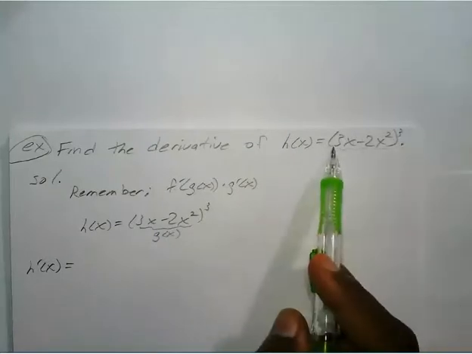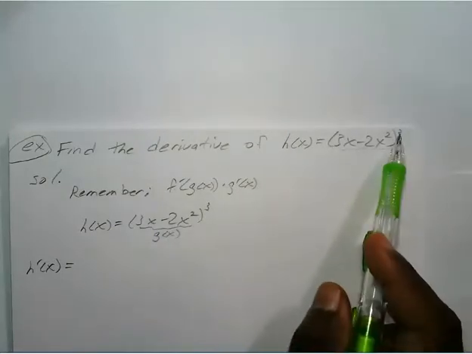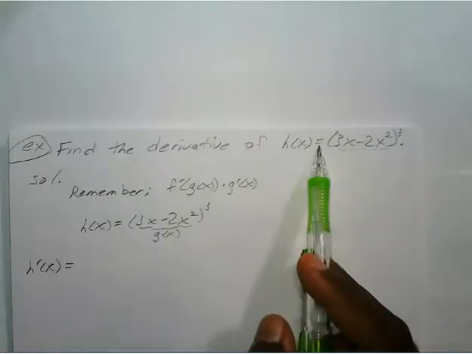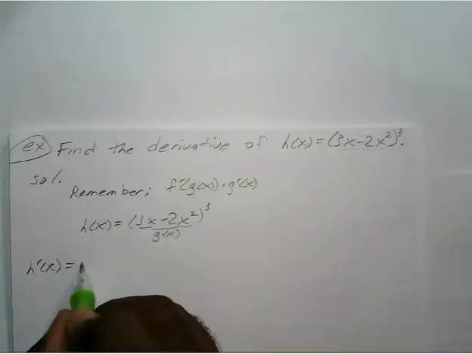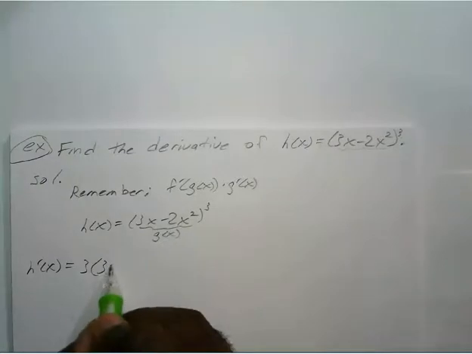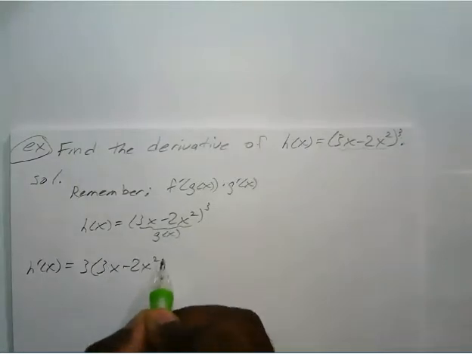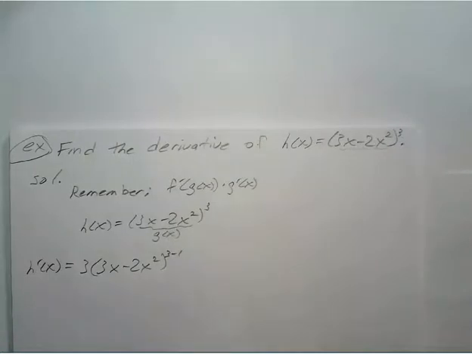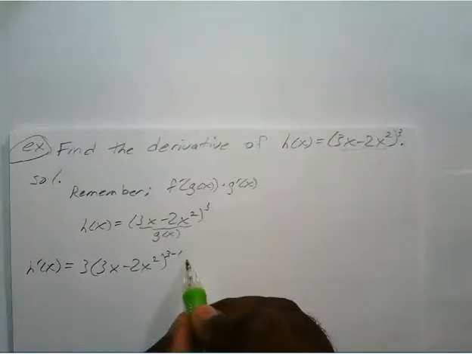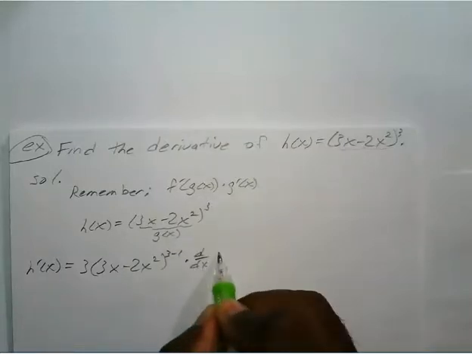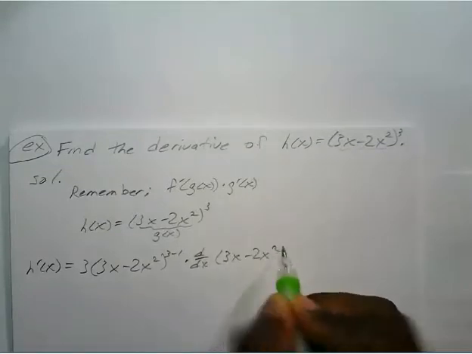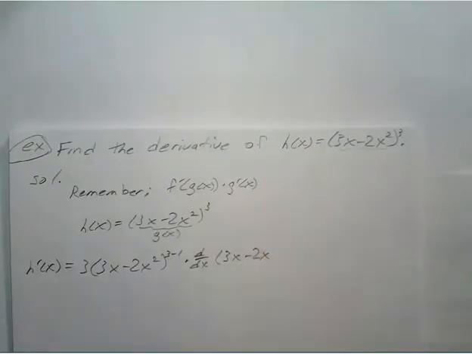We're going to take down that exponent and use the power rule: bring down that 3 and then subtract 1. So it's 3 times 3x minus 2x squared to the second power, and then take the derivative of what's inside, so that's times the derivative of 3x minus 2x squared.